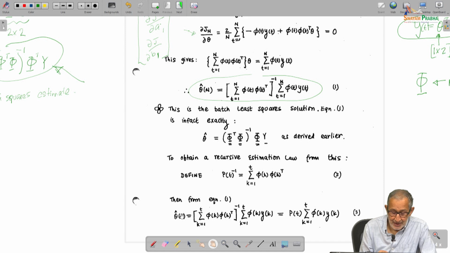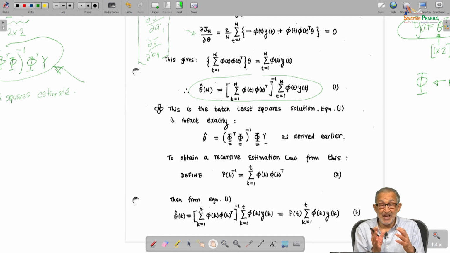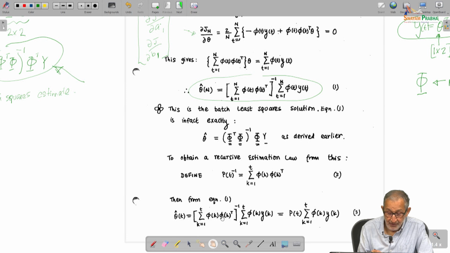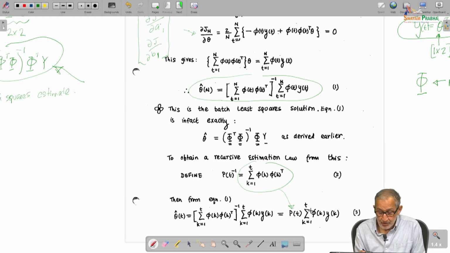So theta hat at time t is from k equals 1 to time t. We've collected now t sample observations. This is equal to the inverse of the sum of phi k phi k transpose, exactly this term here, times the sum from k equals 1 to t of phi of k times y of k. This expression is as shown here. So that's P of t times summation phi k times y of k.